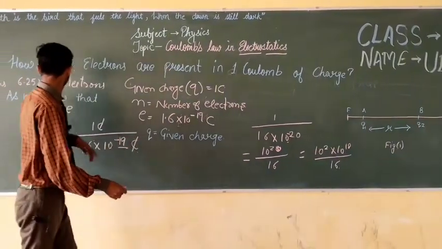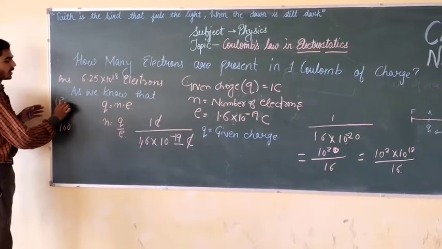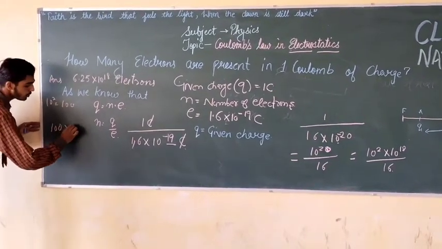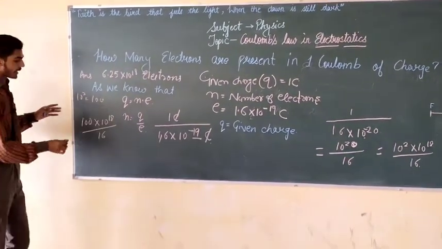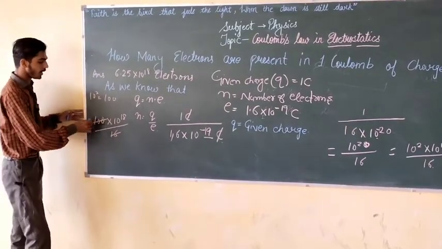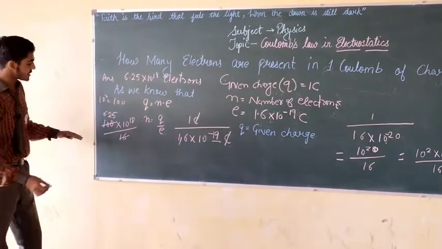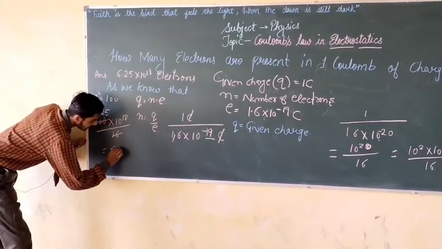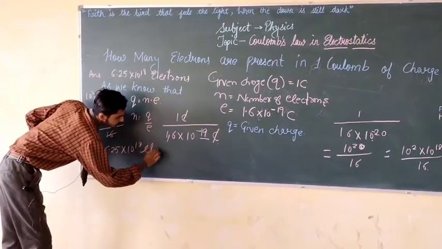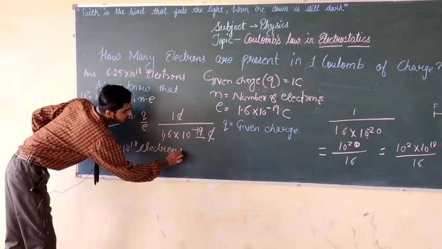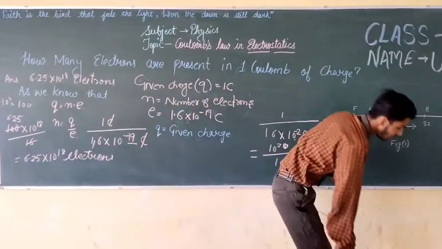We get 100, because 10 raised to power 2 means 100, into 10 raised to power 18 divided by 16. 16 cancels out with 100, it will be 6.25, and we got our answer: 6.25 into 10 raised to power 18 electrons. Have you got it? Yes. Okay, let's have a look at the next.